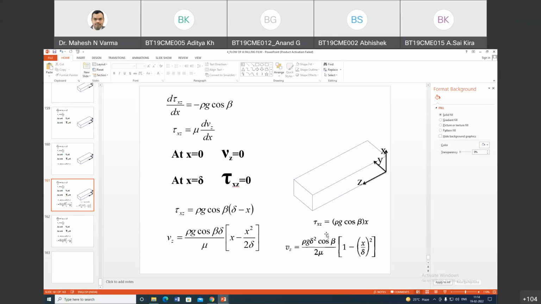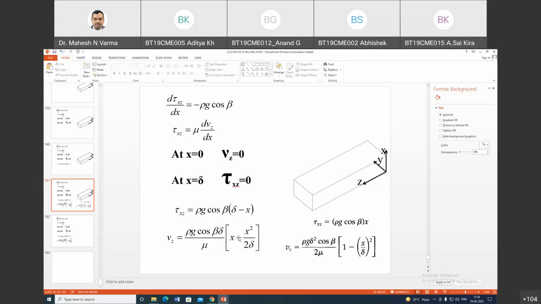If my properties are changing, then only I will get a different equation. So here the property of interest is velocity. Velocity is changing in x direction, pressure is changing in x direction. Hence, if we shift the origin in x direction, then I will be getting a different model equation.